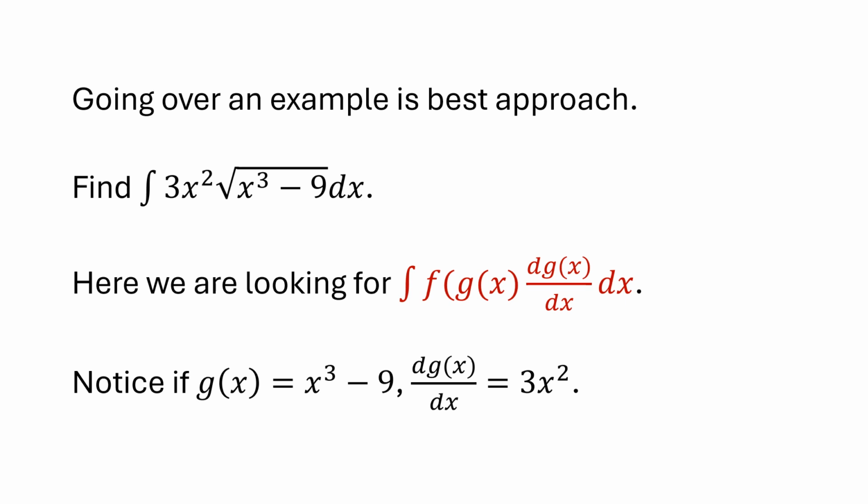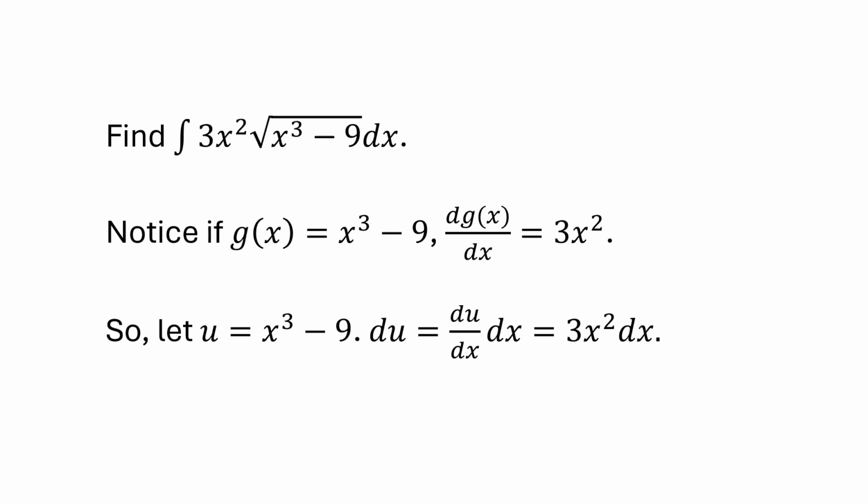Notice if g of x equals x cubed minus 9, dg of x dx equals 3x squared. So we're going to let u equal x cubed minus 9. du is du dx times dx, which is 3x squared dx.